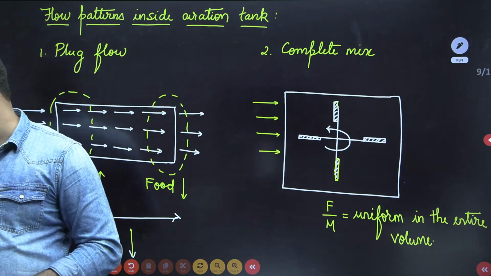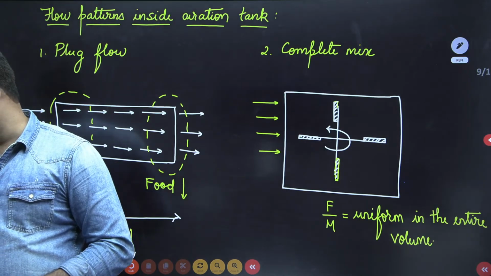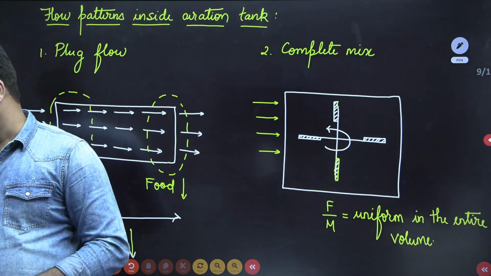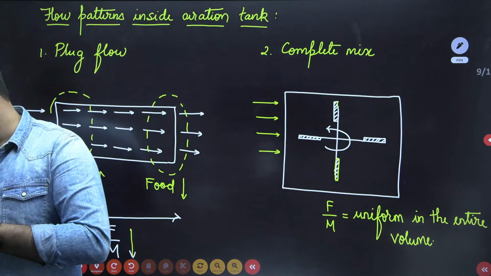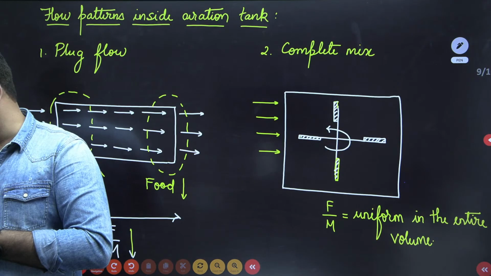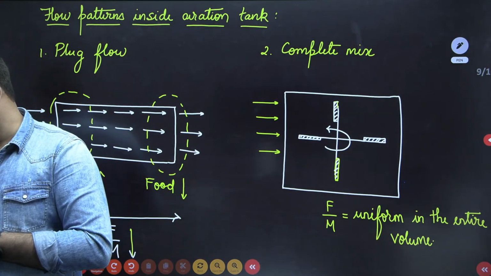Okay, now moving on with this, now let's see the section from where the questions are asked, and the questions are asked from the definitions of activated sludge process. So for definition of activated sludge process, let's start one by one.